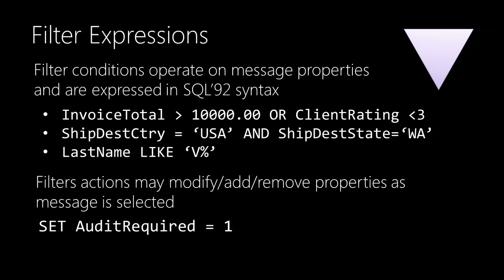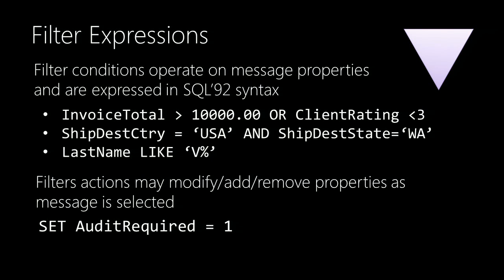So you can now operate on the properties of a message, think of that as headers, and you can run expressions, and those expressions are now selectors on which messages you can get from that queue. So you publish a message, and you set the properties to values, like the invoice total and the client rating. And with this, you can go and filter those out.